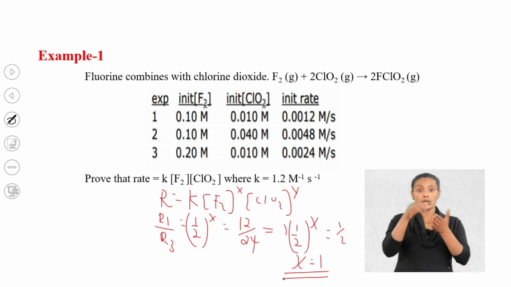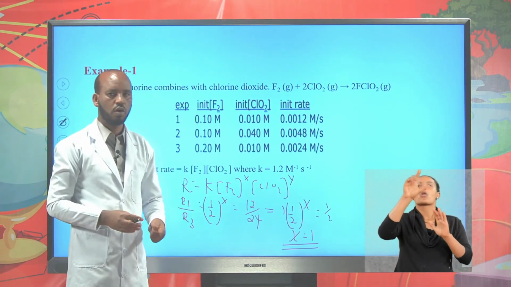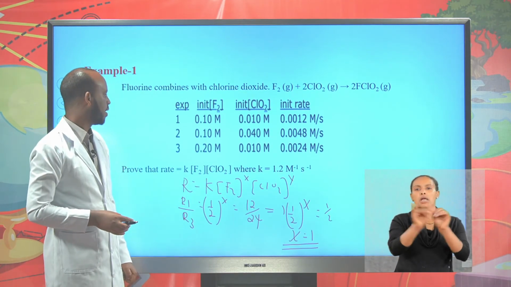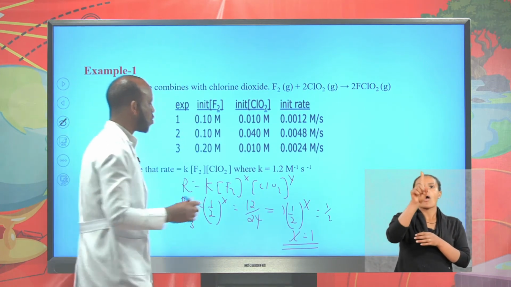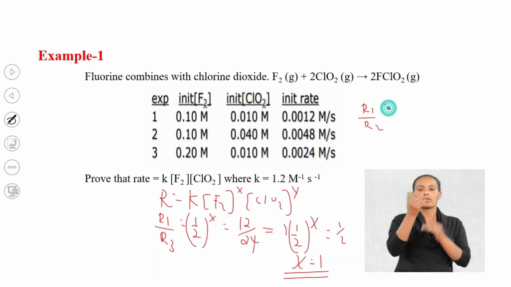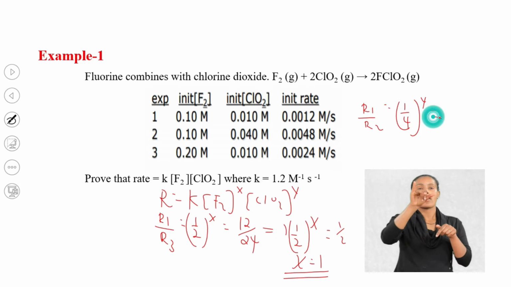To get the value of Y, vary the concentration of ClO2 while keeping the concentration of F2 constant. If you take rate 1 and rate 2, R1 divided by R2 equals 1 over 4 to the power Y, which equals rate 1 over rate 2, that is 12 divided by 48.